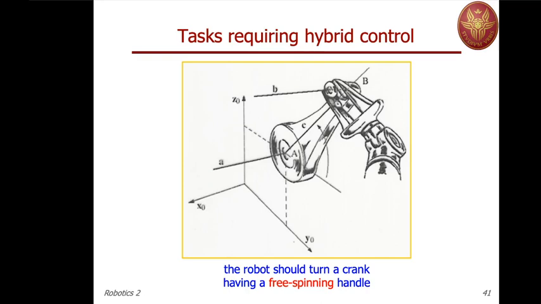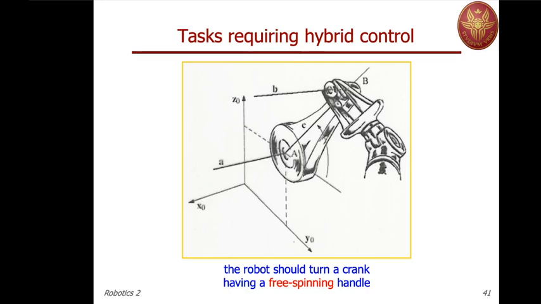So, for instance, this is a number of pictorial situations that you can imagine. So here you have the robot end effector, which is grasping the handle of a crank that can rotate.